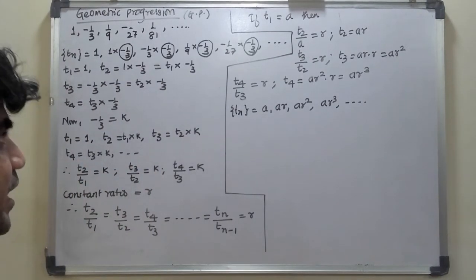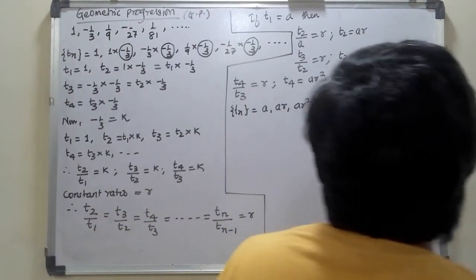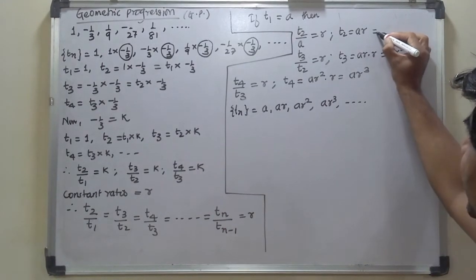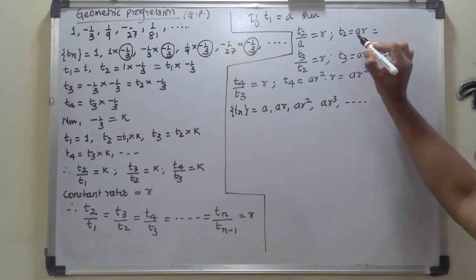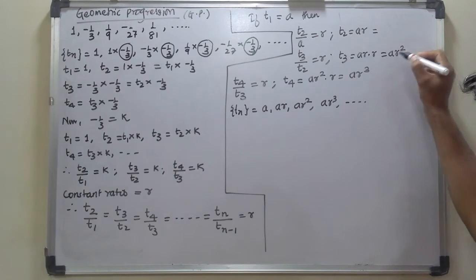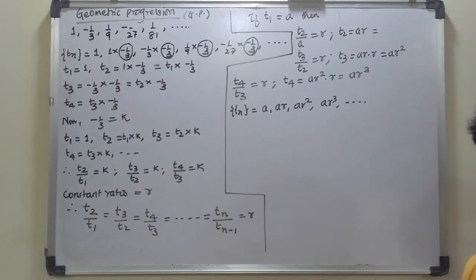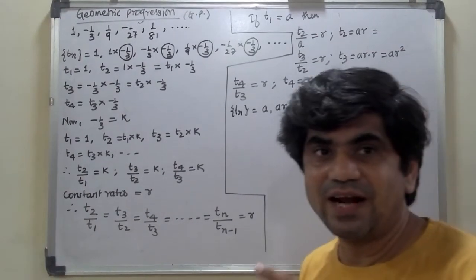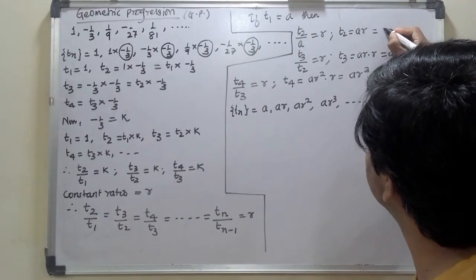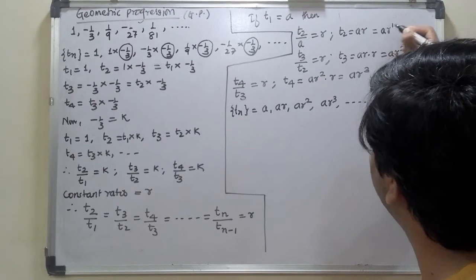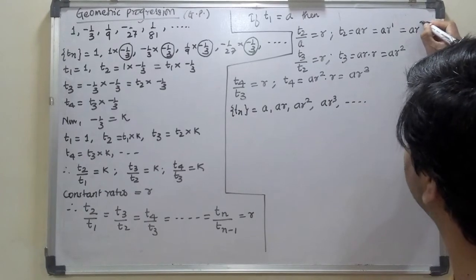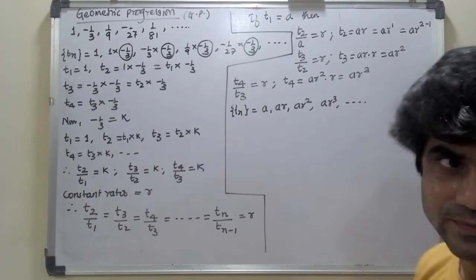Now if I want to link each term with its term number, I can write AR raised to 1 as AR raised to 2 minus 1, got it?